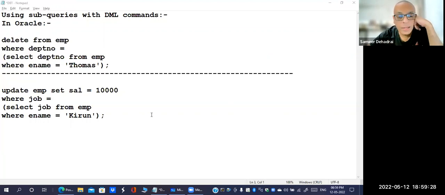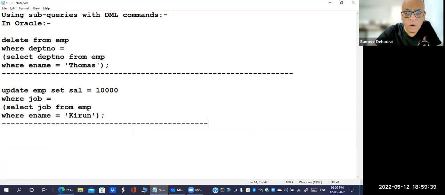Everyone wrote it using subquery with insert, update, delete. Now, the above two commands are not supported by MySQL.